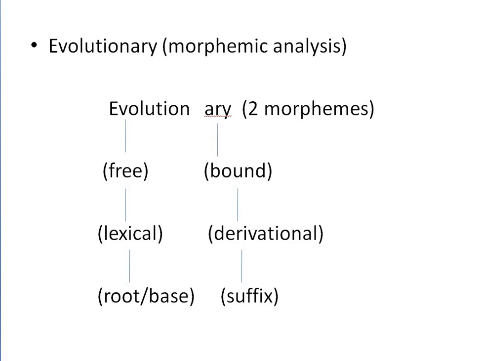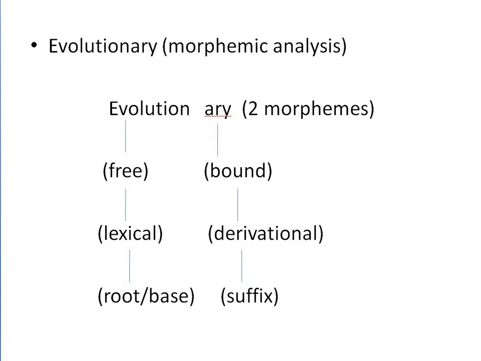And then which type of bound? Ary is changing the category of the word, from evolution to evolutionary, so it's derivational. Then in terms of affixes, evolution is a root, or we can say the base, or the stem, and ary is the attachment at the end, so it's a suffix.